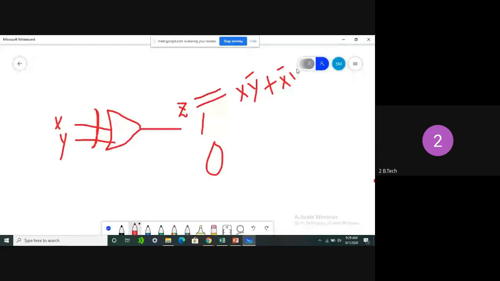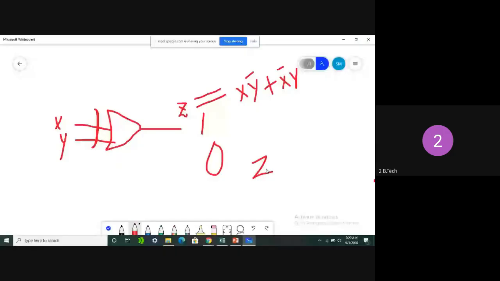Just like this relation we have seen, for an AND gate we can easily write the relation between input and output just like this: X into Y. This is for the AND gate. And for the OR gate, how can we represent the relation between input and output? For the OR gate it is X plus Y. Very good.